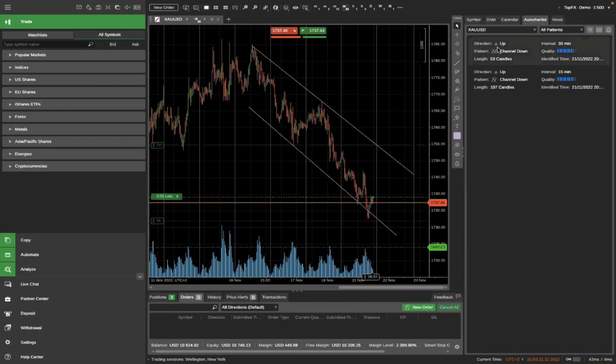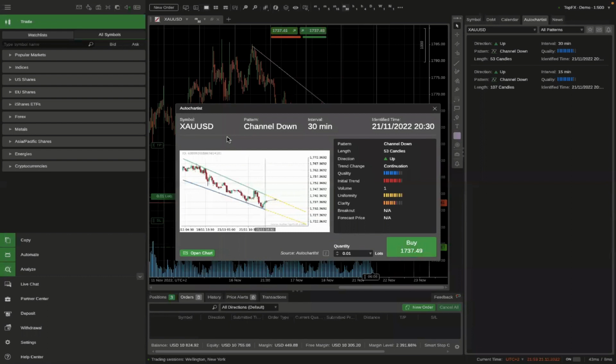And this is what it tells you here in the chart: you should trade to the upside, because the last bit of this channel is missing. So the trend should be a continuation of the trend that has been made here already. Very good quality. The initial trend was very nice, very strong, and the clarity of this trade is very good.